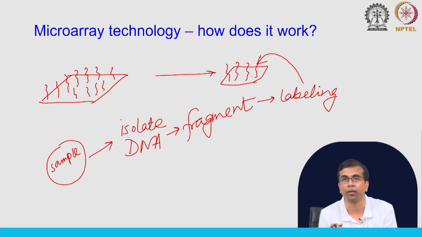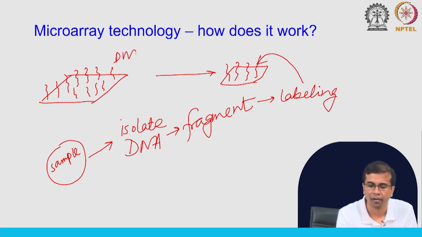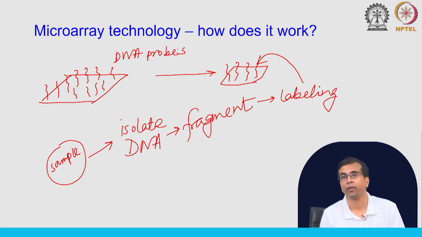So, we have these labeled molecules that are now allowed to bind to these DNA probes here, and some of these fragments will form double stranded DNA molecules on this chip or solid surface.